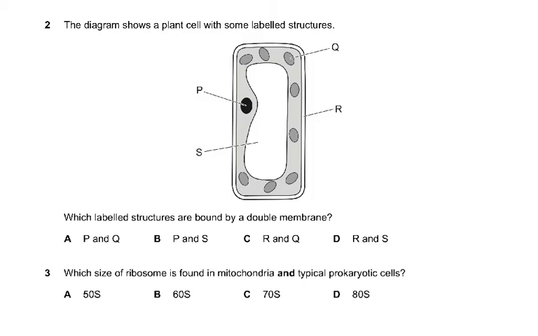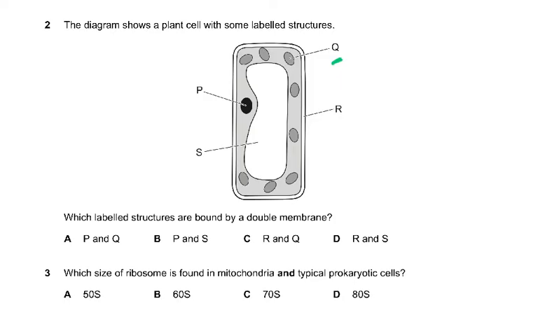The diagram shows a plant cell with some labeled structures. Which labeled structures are bound by a double membrane? What is Q? Q is a chloroplast. Yes, that is bound by a double membrane. R is the cell wall, P is the nucleus, S is the vacuole. Vacuole has a tonoplast.